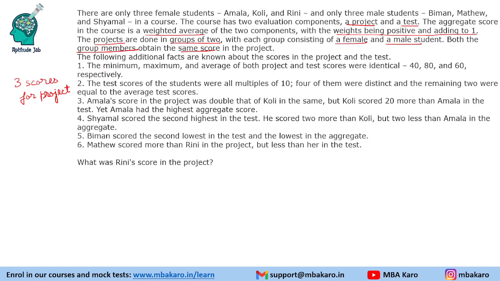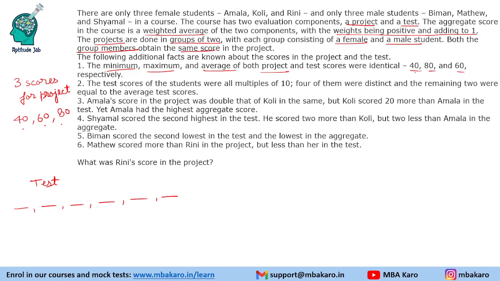We are given that the minimum, maximum and average for both project and test scores were identical, that is 40, 80 and 60. So if we talk about project, the minimum is 40, the maximum is 80, average is 60. So there will be only 3 values 40, 60 and 80. But when we talk about the test, we will have 6 values, 1, 2, 3, 4, 5 and 6.